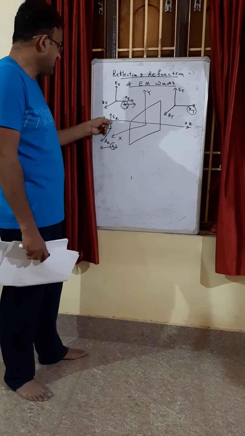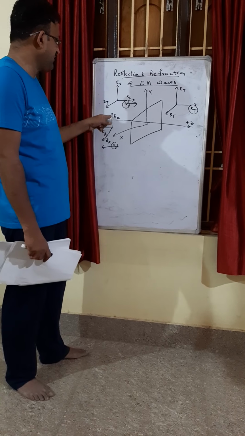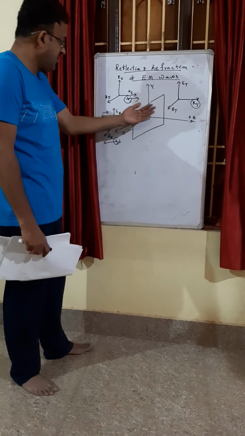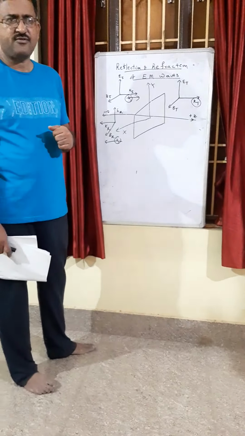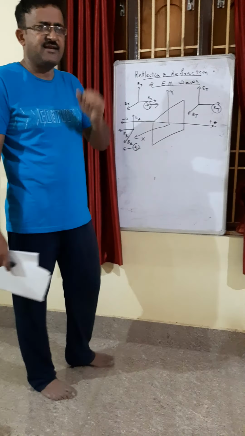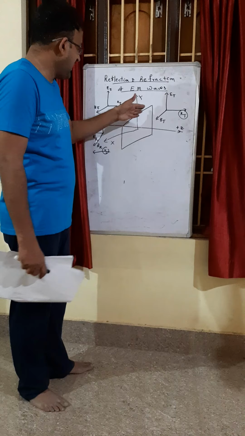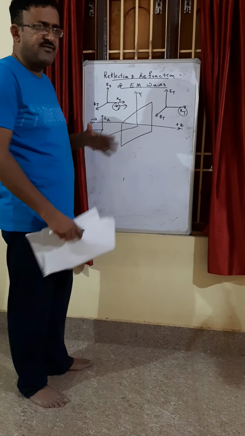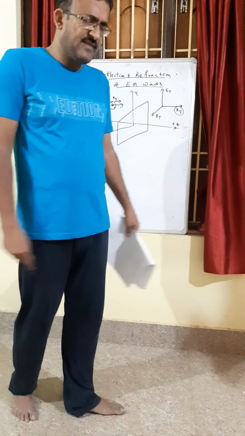Similarly, all are tangential components. The electric field is the tangential component because it is along the y-axis, as well as the magnetic field, which is also along the tangential components, because the boundary itself lies in the xy plane. So when the boundary lies in the xy plane, the electric and magnetic fields are the tangential components.